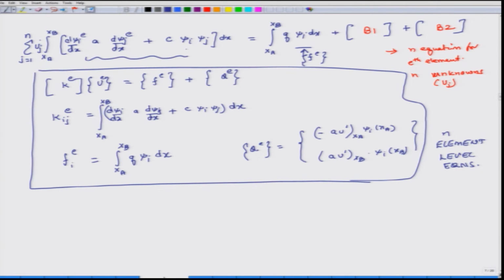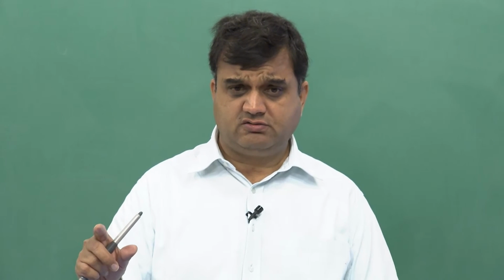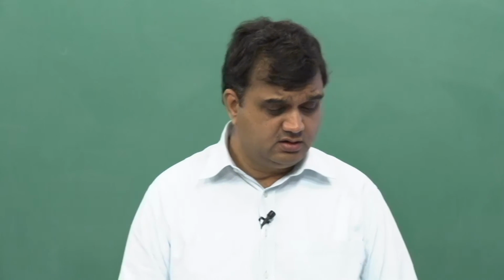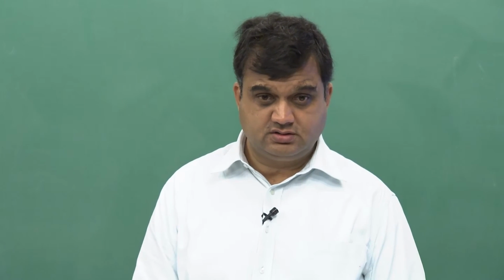If we know the definition of psi, then we can differentiate it and integrate it and we can get the values. Now, in part 1 we had discussed that for a two noded element for a bar we can have linear approximation functions, right, and we had developed the relations for those functions.